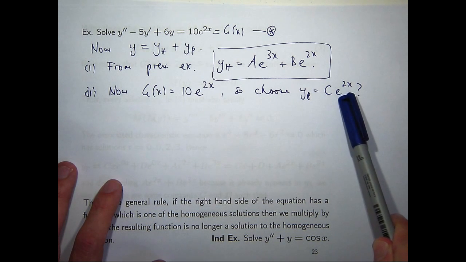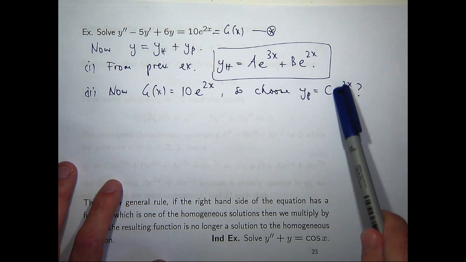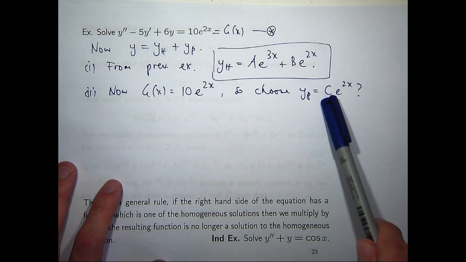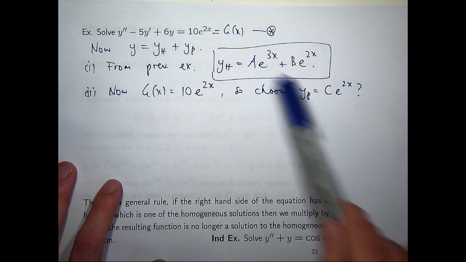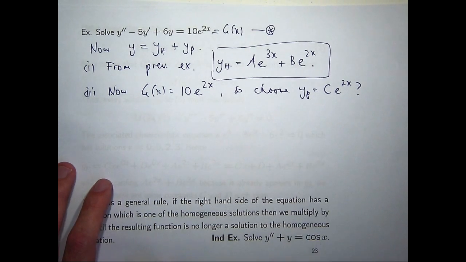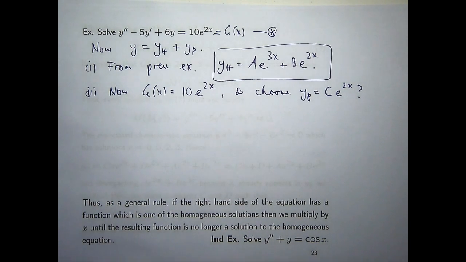But wait, I'm confused. If that is already contained in there. So if I add these two things together, this construction is not bringing anything new. Look carefully, the y sub p, the e to the 2x part, is already contained in y sub h.